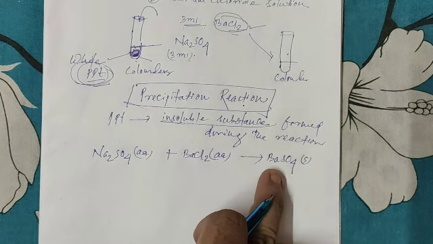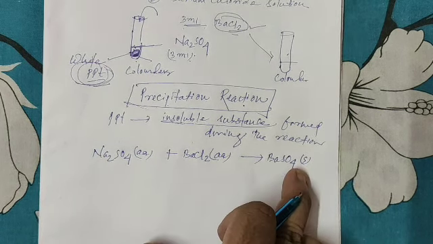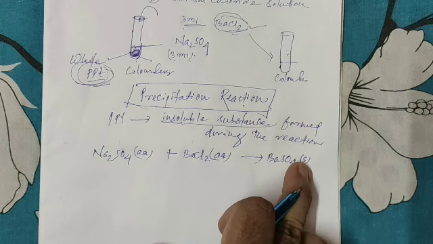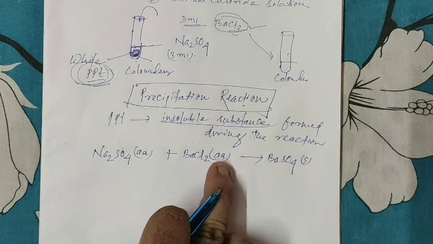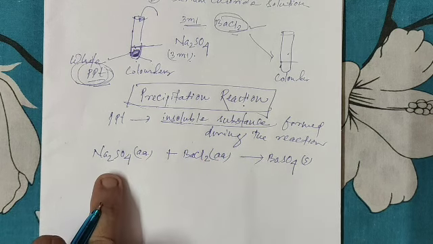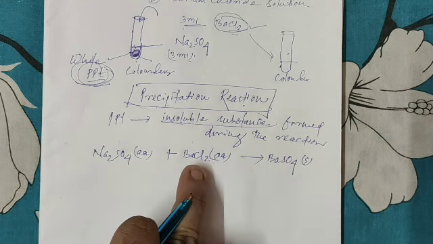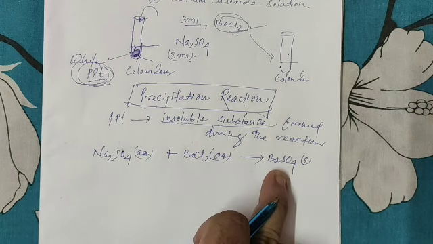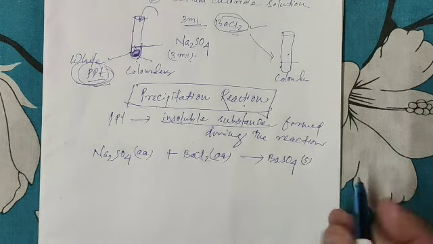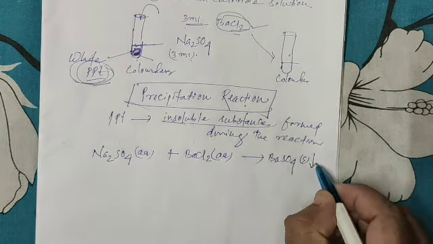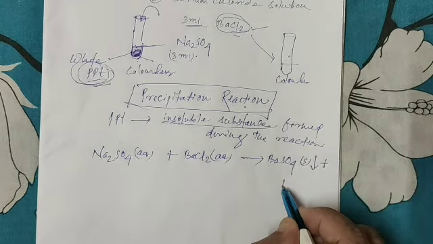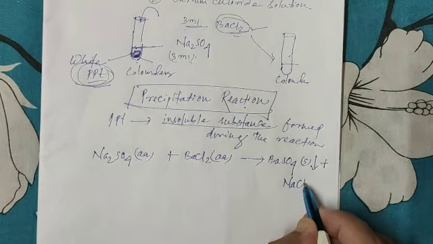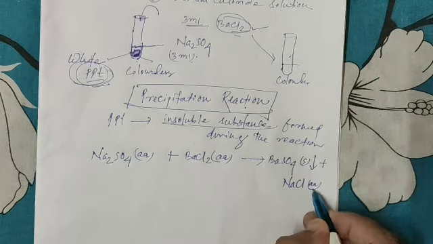If a substance is soluble in water, then you write aqueous. If it is insoluble, that is, you get the substance in the form of solid, you have to write S. Aqueous means in soluble form. So in the reaction between sodium sulfate and barium chloride, you got barium sulfate, which is an insoluble precipitate. I can write a downward arrow mark, plus you got NaCl, and that is aqueous.